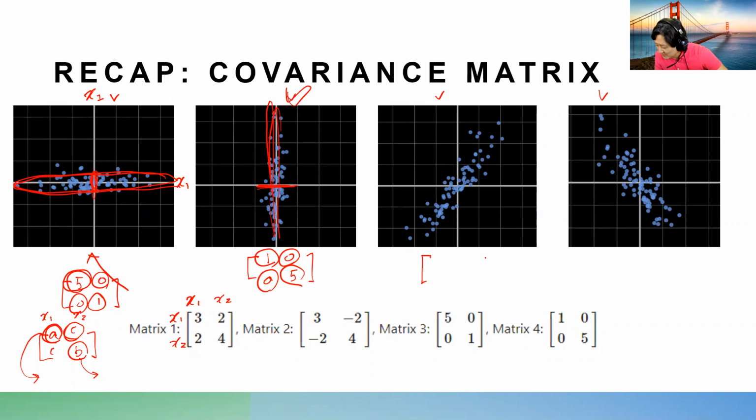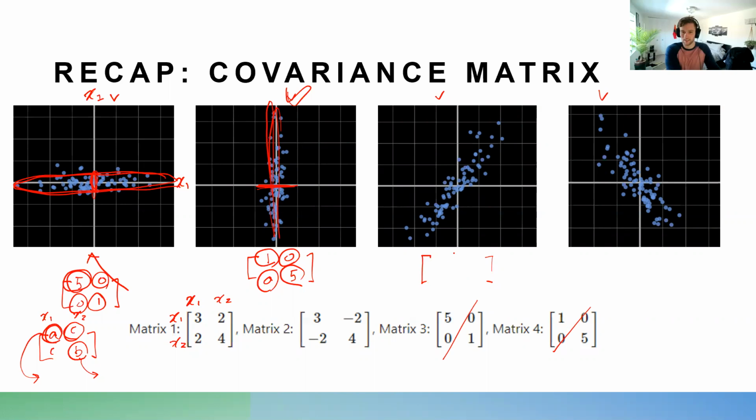What about this case? Between A and B, matrix 1 and matrix 2. Matrix 1, yeah. Why is this matrix 1?